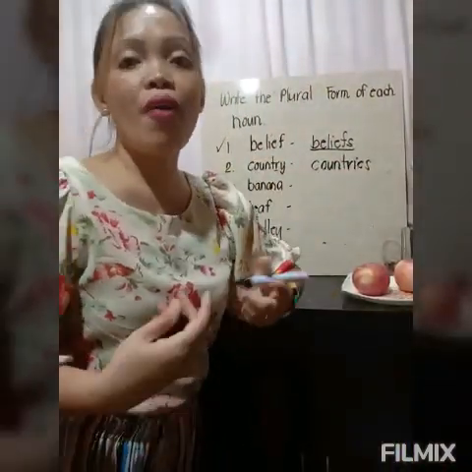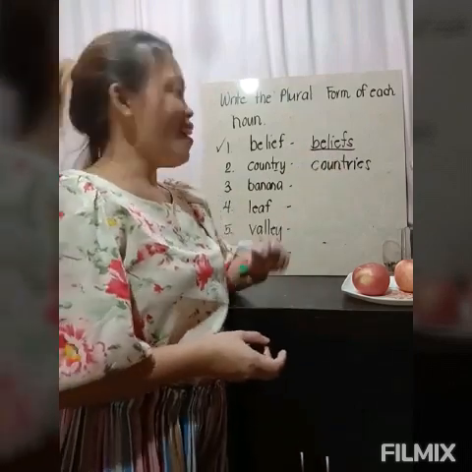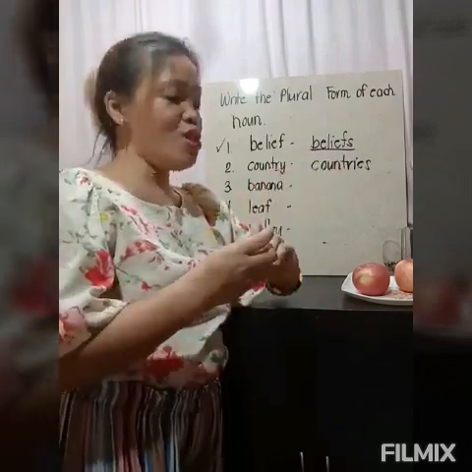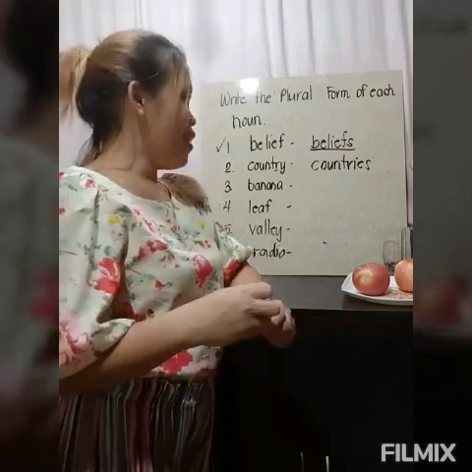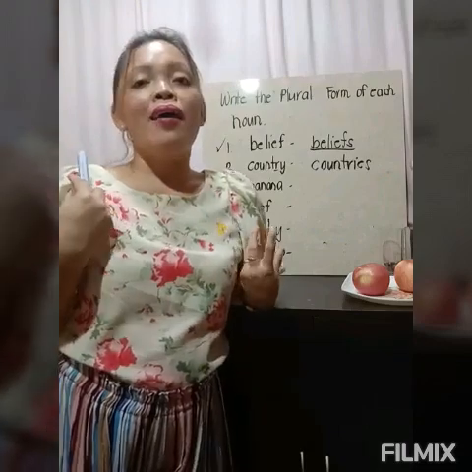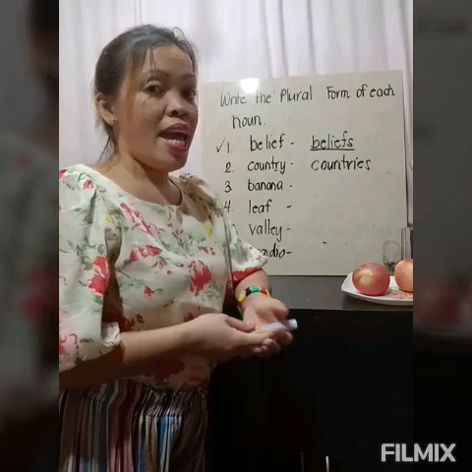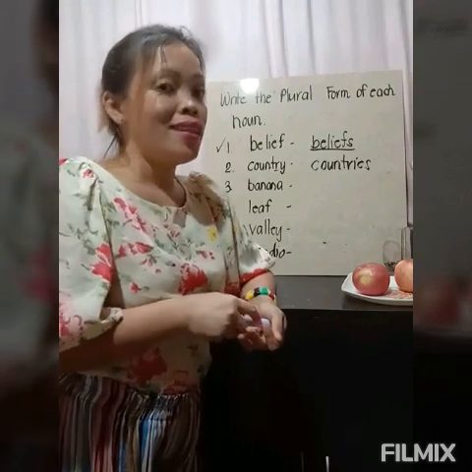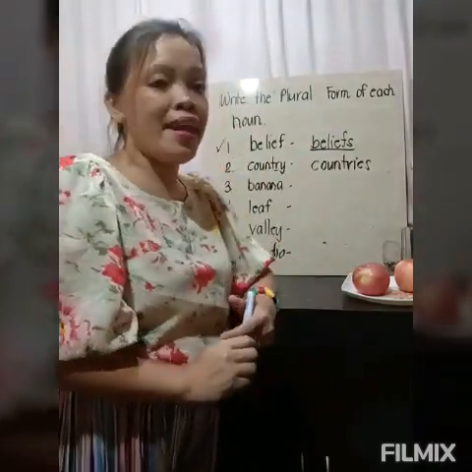The plural of country is countries, and that is right. Again, the rule says you change y to i and add es if the noun ending in y is preceded by a consonant letter.